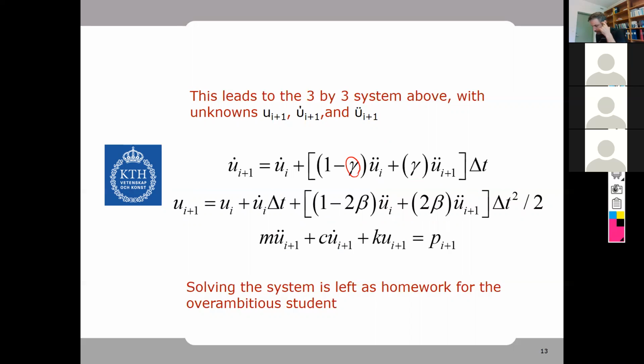The other value that we're going to use is 1/6. Also, gamma is still 1/2. It's always 1/2, but beta is 1/6. 1/6 is good because it results in an assumption that the acceleration is linear.